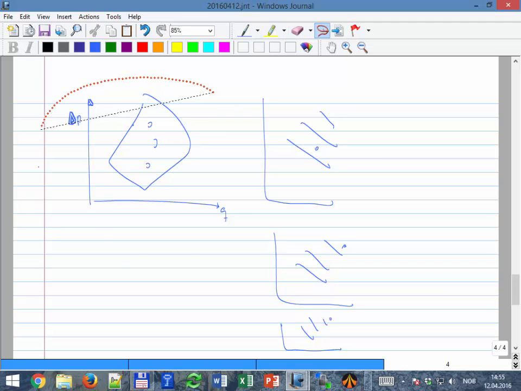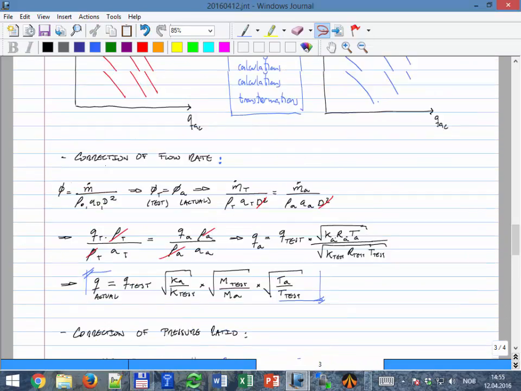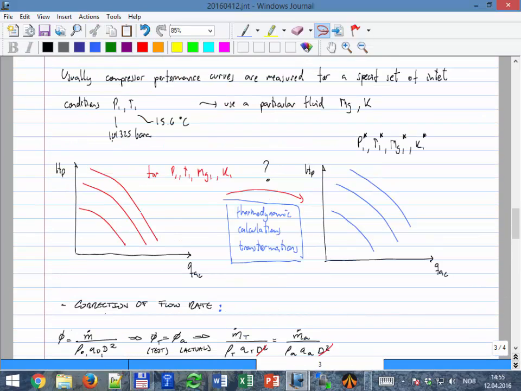So what we are going to do, and what is typically also done, is that instead of converting the performance curves to the real performance, we are going to convert our real point to the test, just using the inverse of the correction factor. Then if we put everything in the same reference, all the points are going to be in the same map.